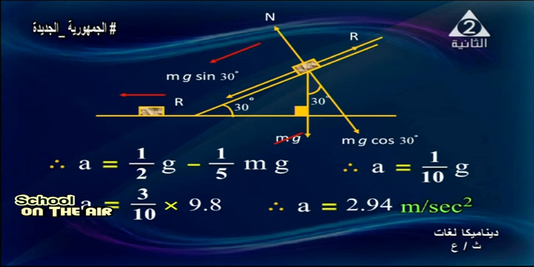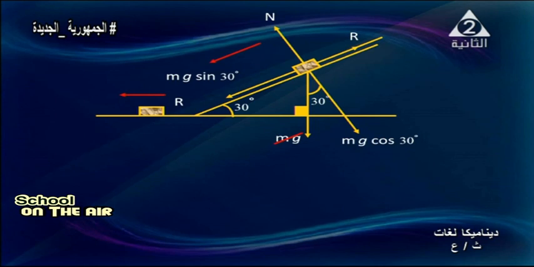What is the velocity of the body or the box at the end of the inclined plane, at the bottom of the inclined plane? The velocity v squared equals v naught squared plus 2as. S is the distance or the length of the inclined plane, which equals 40 meter.